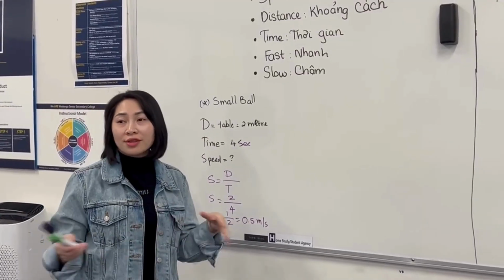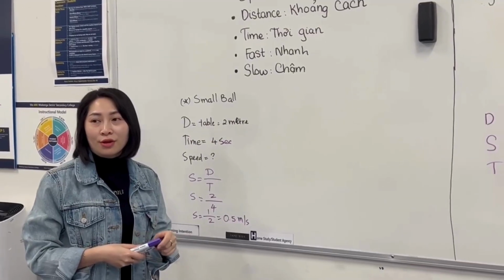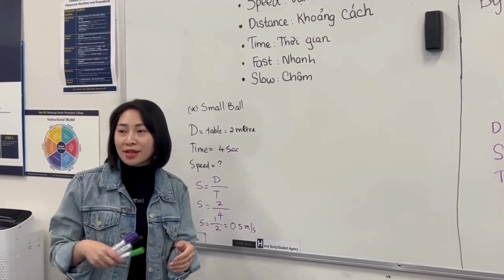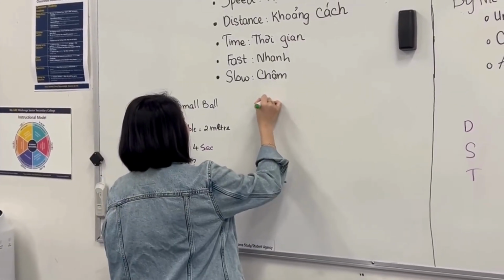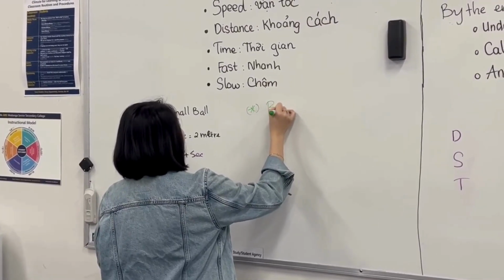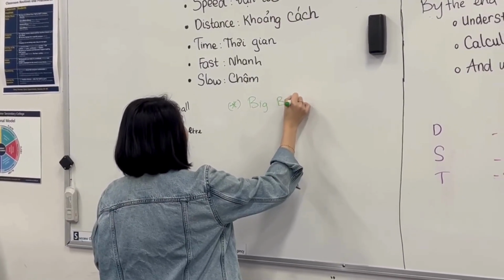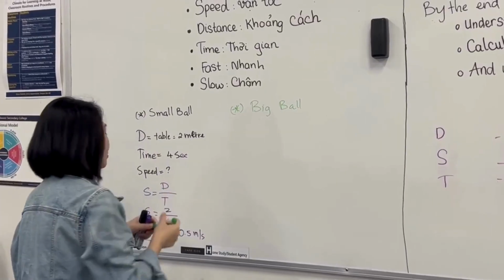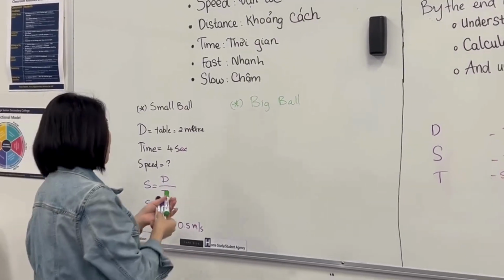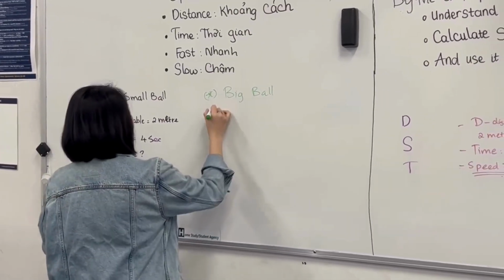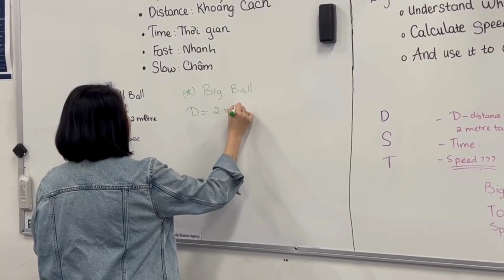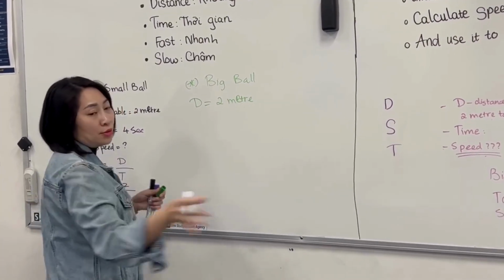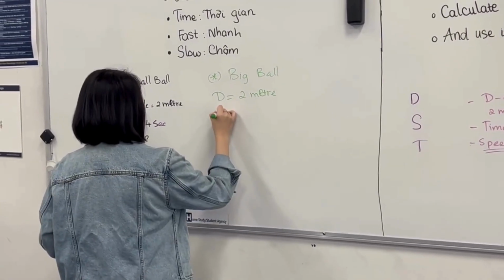We want to do the big ball together, or someone can come over and help me. Big ball. For the big ball, we also have D equal to 2 meters, the length of the table, okay? And then we have time.